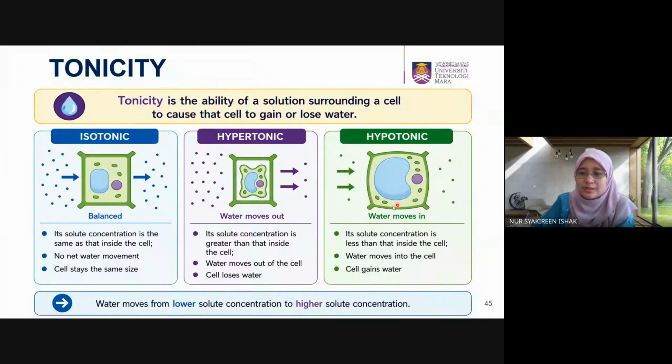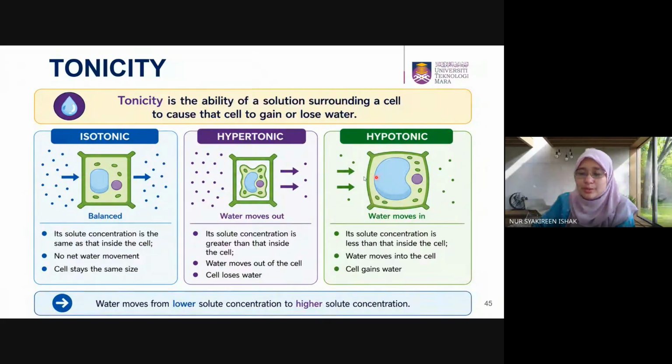for hypotonic solution, its solute concentration is less than inside of the cell. So less solute outside, more solute inside the cell. So it causes the water from the hypotonic solution to enter into the cell. So the cell gains water.